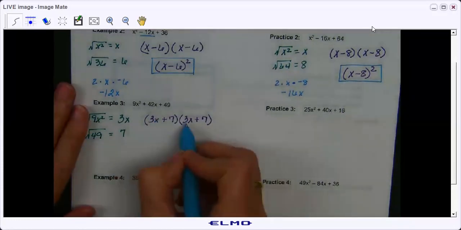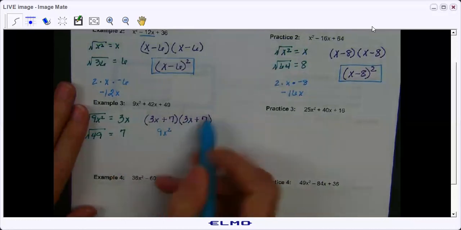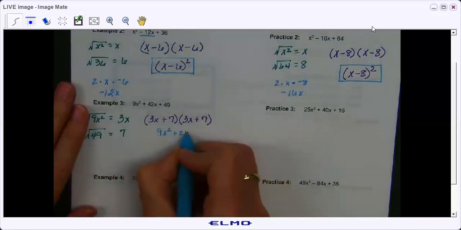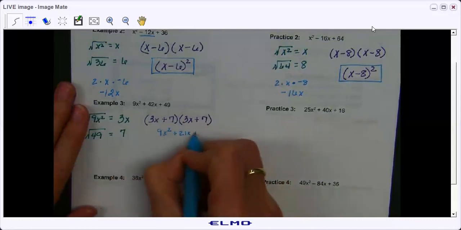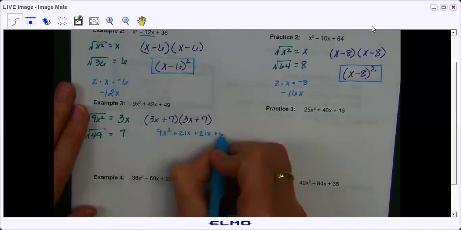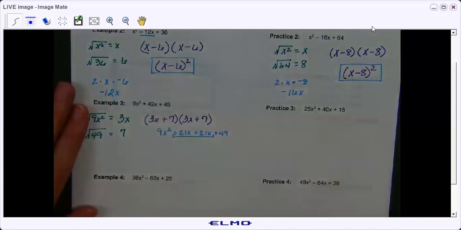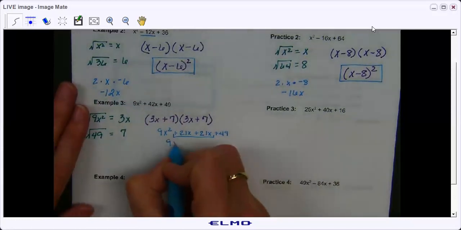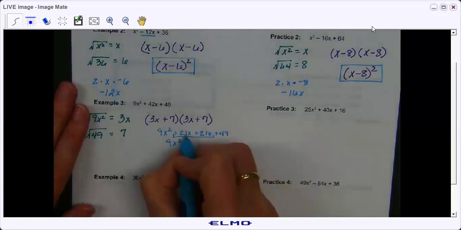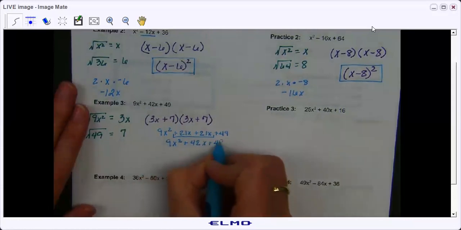So 3x times 3x is 9x squared. 3x times 7 is a 21x. 7 times 3x is a 21x. And 7 times 7 is a 49. So I can combine these like terms here. And this isn't new. This is something that we've already done. 9x squared, 21 plus 21 is 42x plus 49.